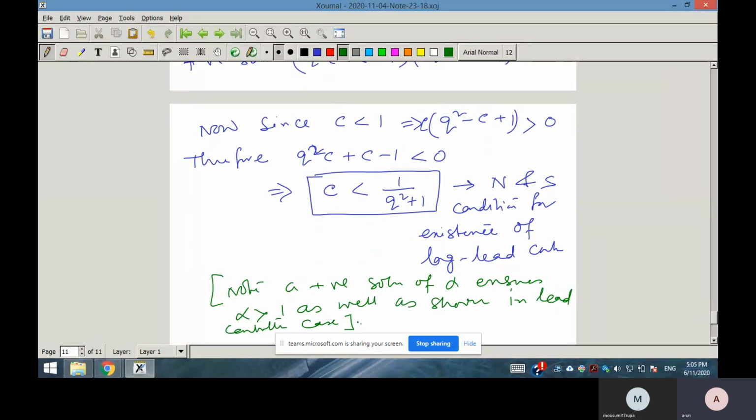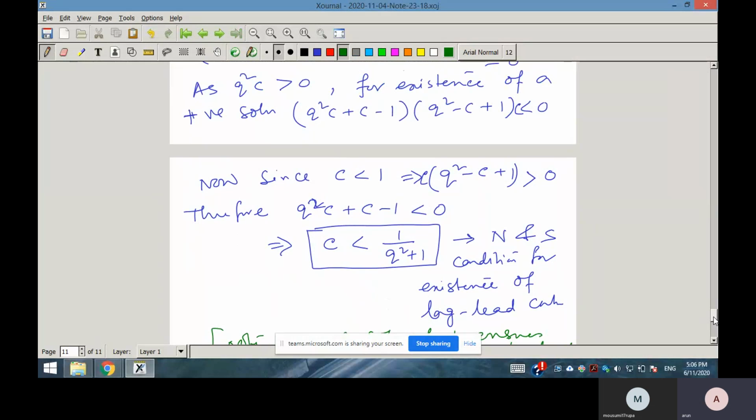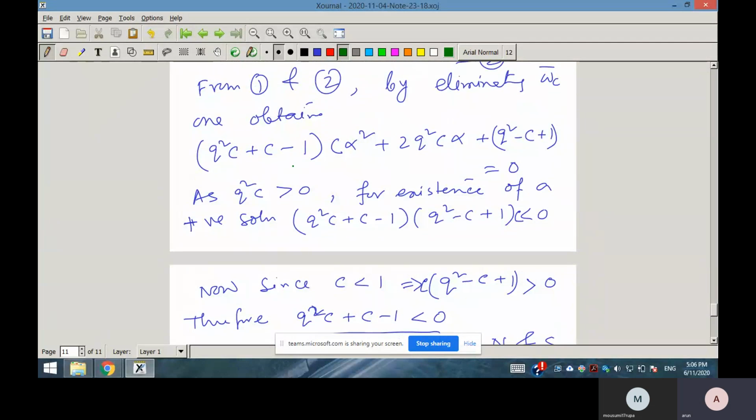Okay, so this you can easily prove. Just before equation 5 of the lead controller, as we have shown, similarly here also you can easily show that if one positive solution exists, then that solution will be greater than 1.